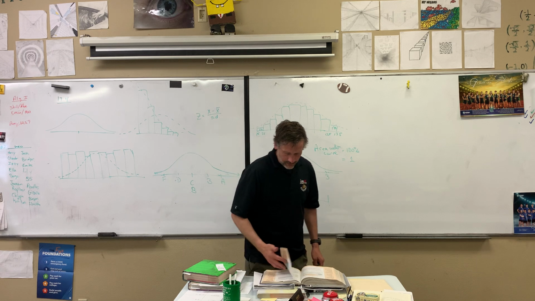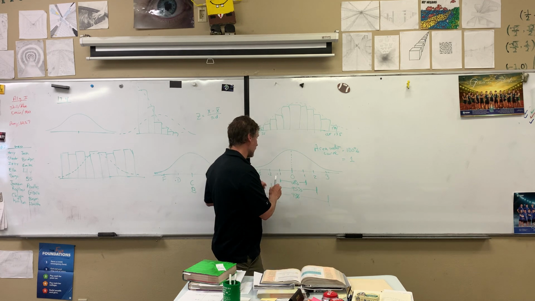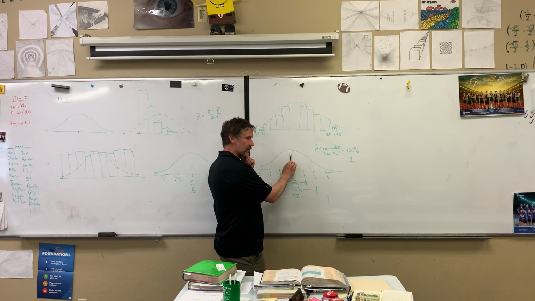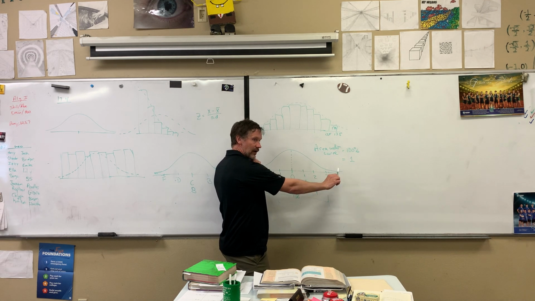So again, how much area is up to this? Well, 0.5 or 50%. So decimals, you can think of as percentages as well. 50% comes all the way up to here. Therefore, 50% goes all the way over there.